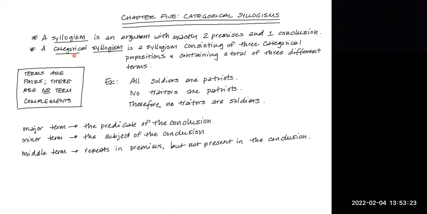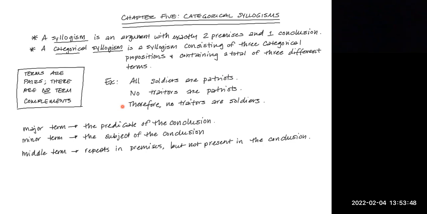A categorical syllogism is a syllogism consisting of three categorical propositions, in other words, starting with the words all, no, or some that you've been using with proofs, and containing a total of three different terms. Here's an example. All soldiers are patriots, no traitors are patriots, therefore no traitors are soldiers.